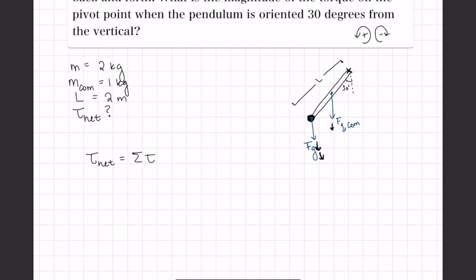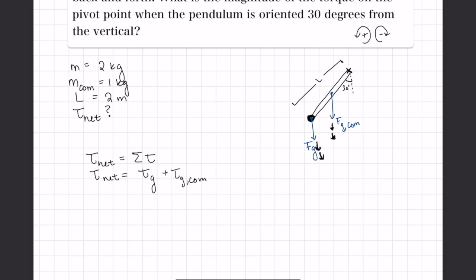You can see the same thing for F_G center of mass. This will start to pull it down and to the right. So both of these will be counterclockwise and give us positive torques. So we can write our tau net is going to be our torque from the mass at the end plus the torque from the center of mass.